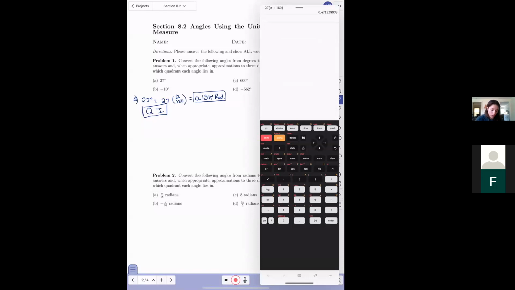Okay, so this is the same as 27 pi divided by 180. So I treated pi just as a number, but I just didn't multiply it. So I just did 27 divided by 180. And that's 0.15, and then it's still being multiplied by pi. Oh, okay.